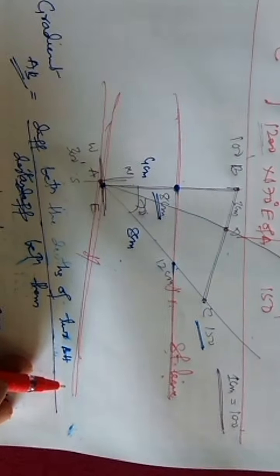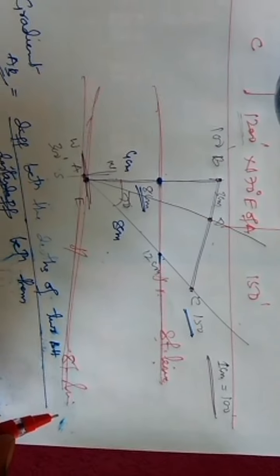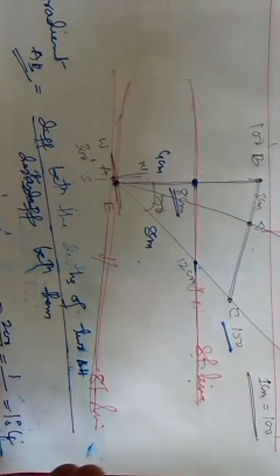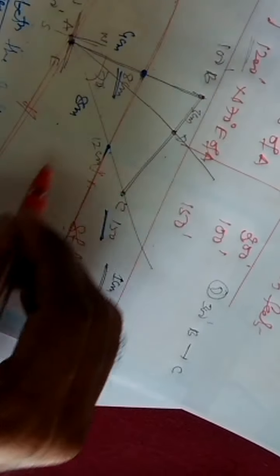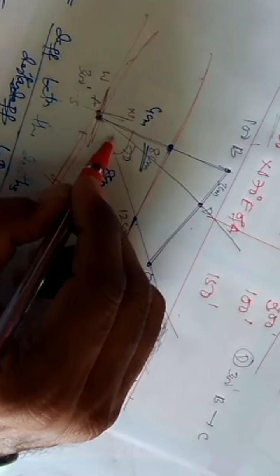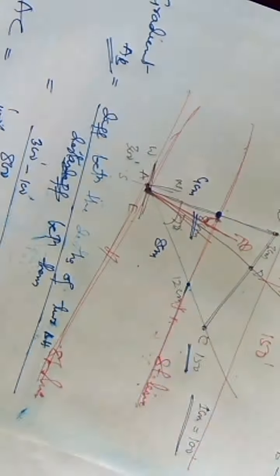Once you have drawn this line, this is the strike line, and we already know the true dip. True dip is always perpendicular to the strike line. Friends, this is the strike line, and you draw a perpendicular line to the strike line somewhere here. I don't know where you will get it, somewhere here it is 90 degrees. This line is nothing but the true dip line.